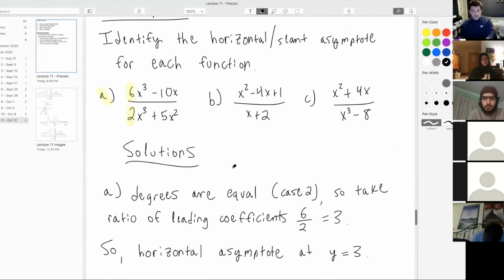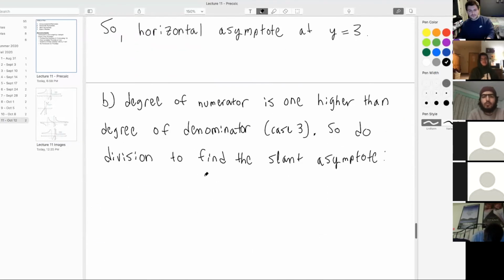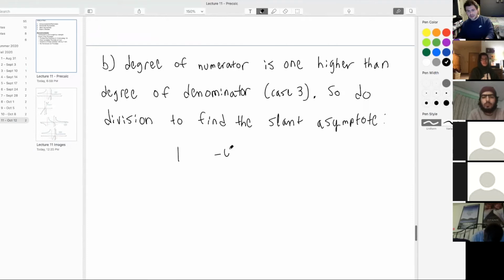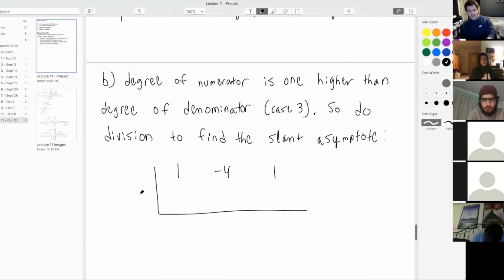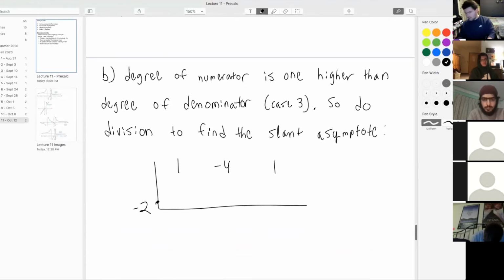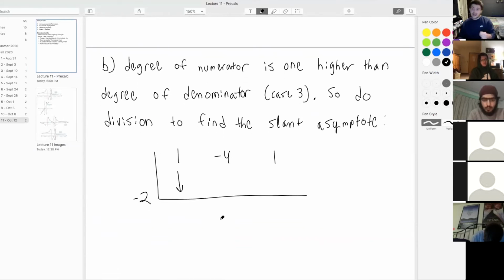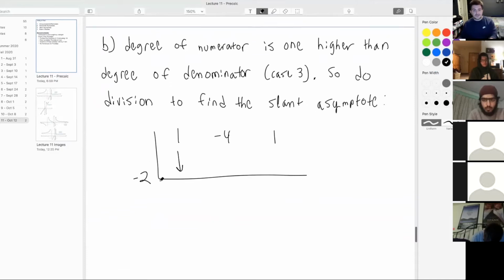So I'm going to do, again, synthetic division. So I'll take the coefficients 1, -4, +1. Okay, I have 1, -4, +1. Set up this box. My k value is -2. Right, okay. So now let me just perform the synthetic division very quickly.